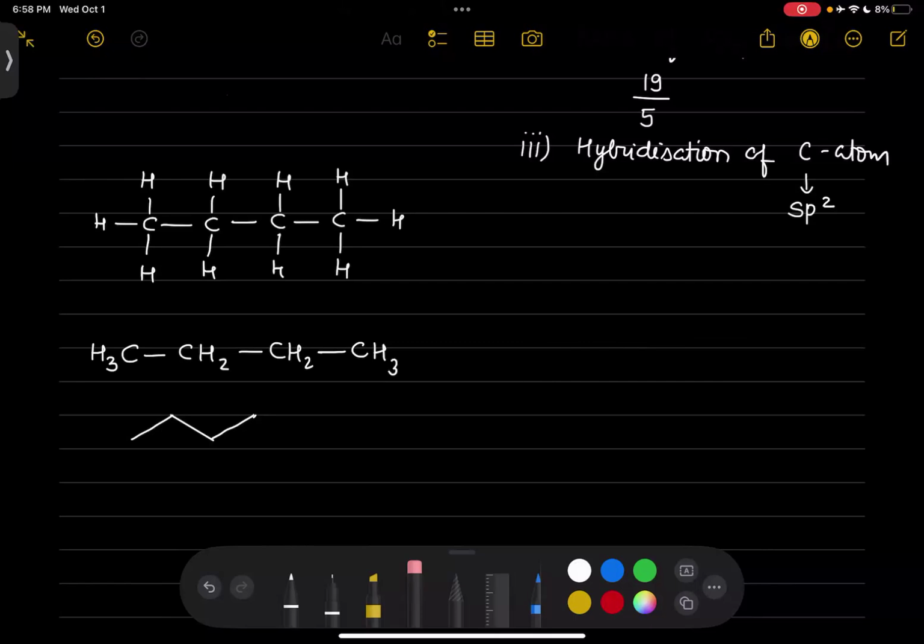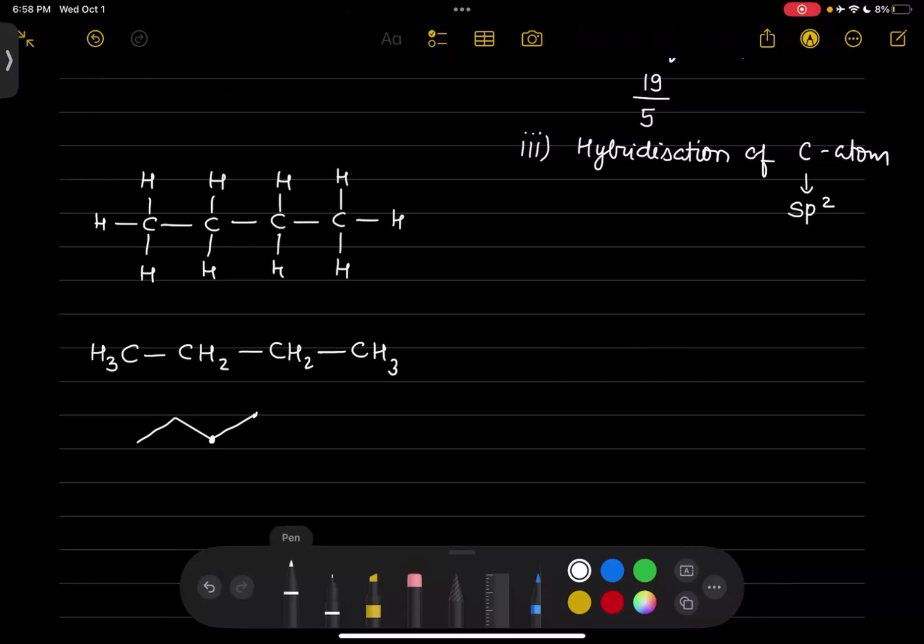Getting my point? This is 1 carbon, this is another, this is the third, this is the 4th carbon. So each carbon-carbon bond is represented by a line.